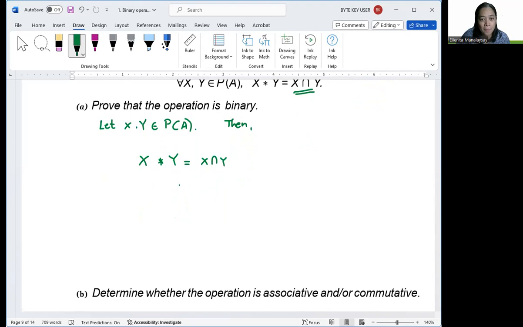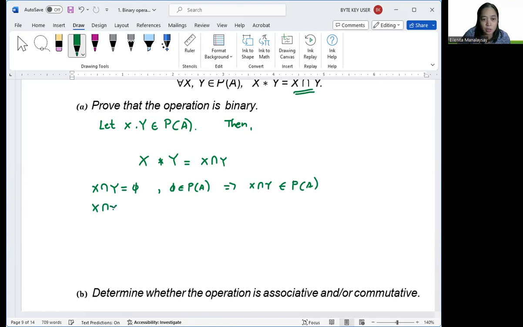If the intersection is empty, or X and Y have no common element, then if X intersection Y is an empty set, okay, then an empty set is a subset of A, which implies that X intersection Y is in the power set of A.